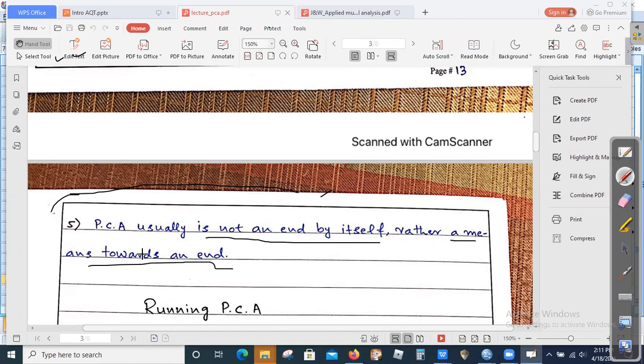When you are carrying out PCA, keep in mind that PCA may not be the ultimate end of your research, or it may not give you the ultimate answer for your research question, but rather it would be a means towards an end. It would help lead you in that direction. So most of the time, PCA may be a part of a much broader analysis, okay? PCA would be something like an initial step of a much broader analysis.